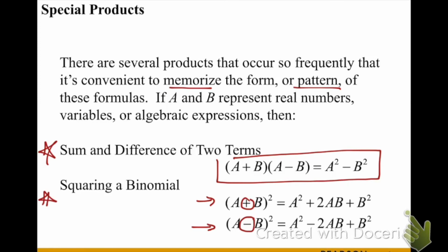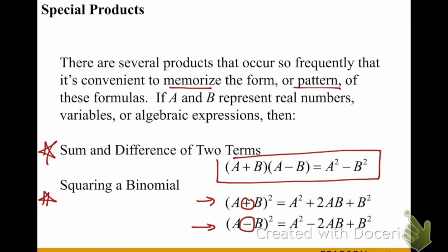Similarly, if we're squaring a binomial, where in this case it is A plus B squared, remember that would be the same thing as A plus B times A plus B. This is always going to be equal to the square of the first term plus 2 times the product of the two terms plus the square of the second term.